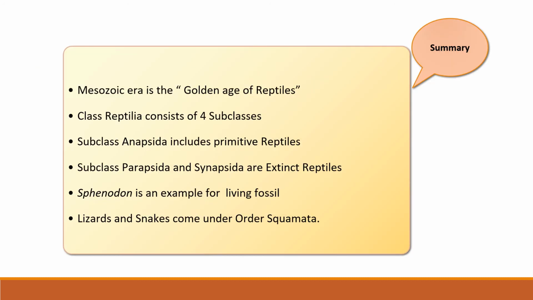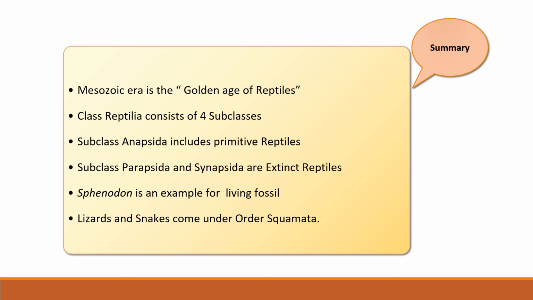So, in a nutshell, the Mesozoic era is referred to as the golden age of reptiles. Class Reptilia consists of four subclasses. Subclass Anapsida includes primitive reptiles, that is tortoise and turtles.